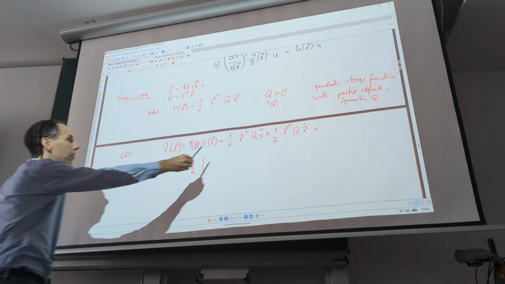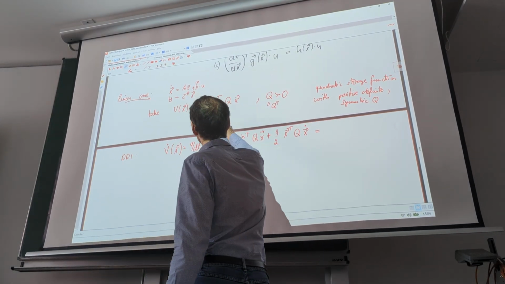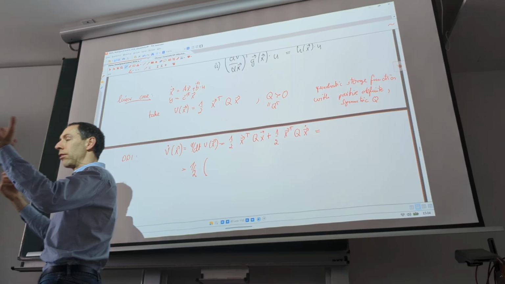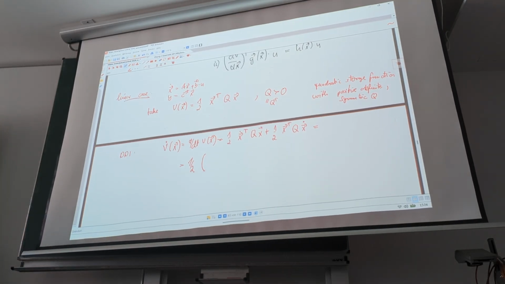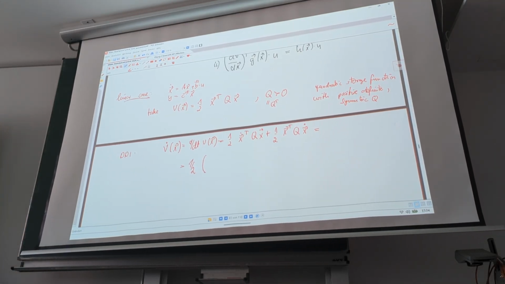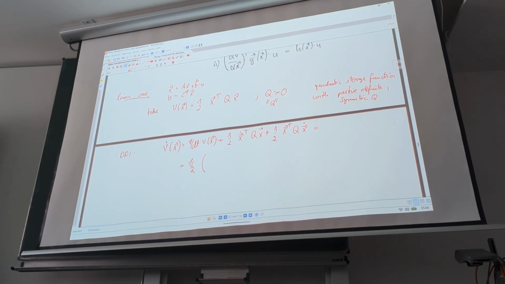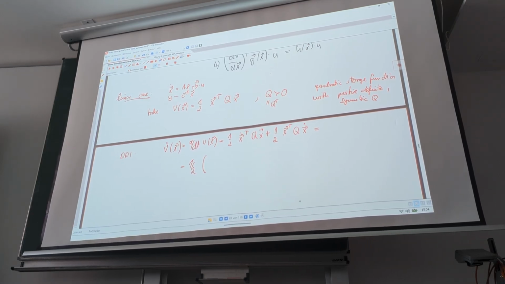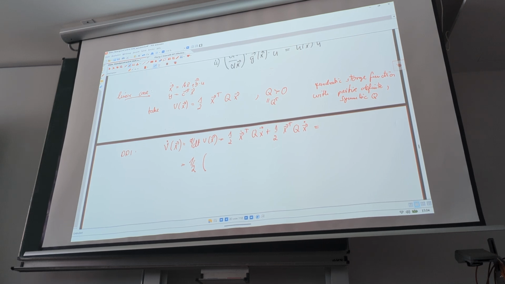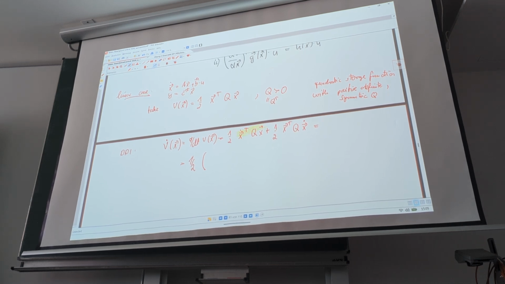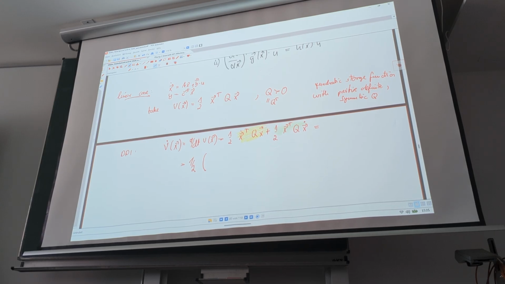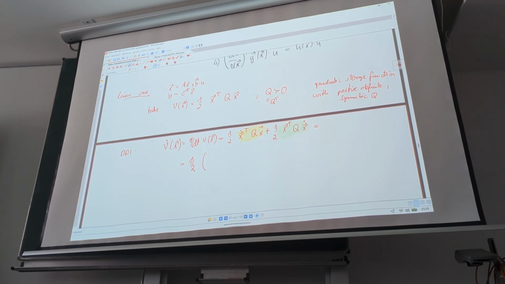So for this term, I plug in this here. If I transpose this, I basically transpose the full equation. So what do I get for the transposed time derivative of the state?